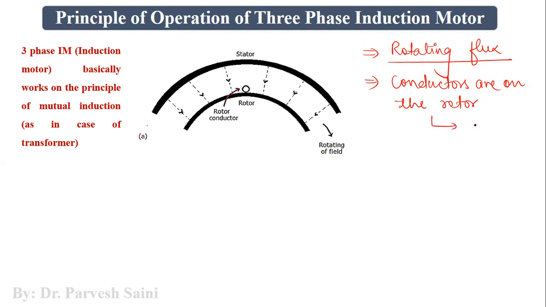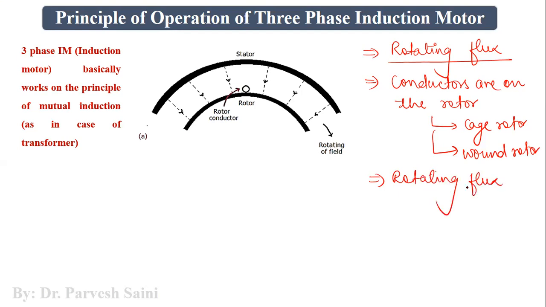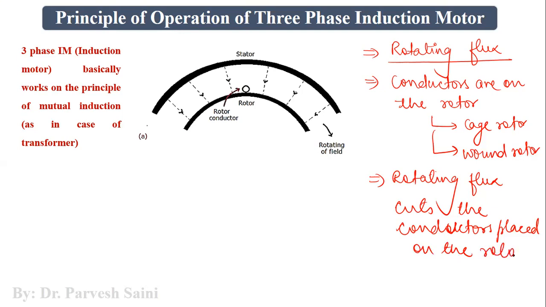The rotor could be a cage rotor or a wound rotor. Rotating flux cuts the conductors placed on the rotor. So you can note down these three points and then we will discuss further.